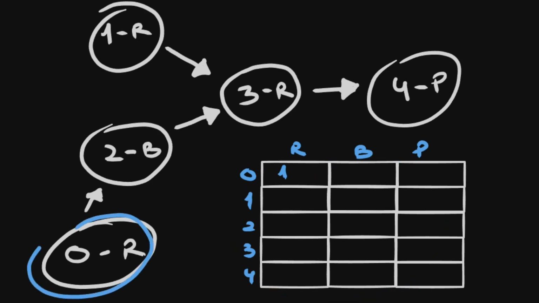And from this node we will update the information in every neighbor, meaning here in node 2. And for every color in this node we will take the maximum of the current count for every color and the information in the parent node.